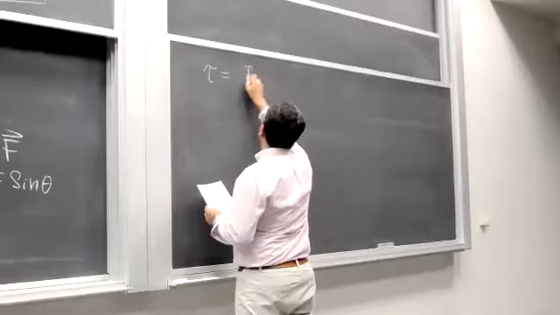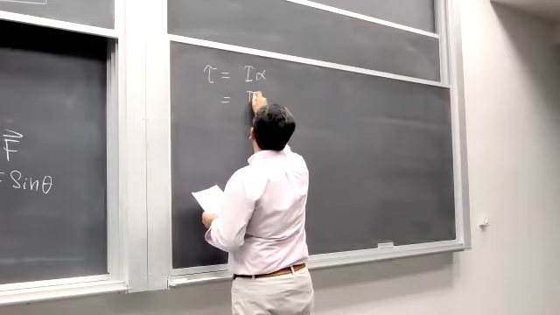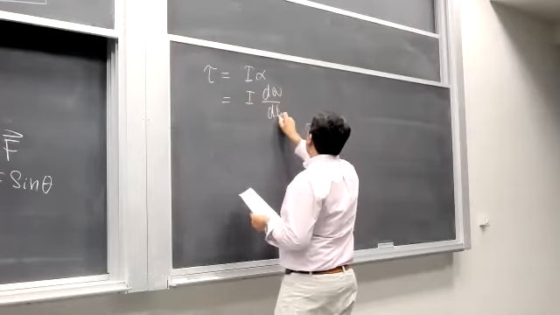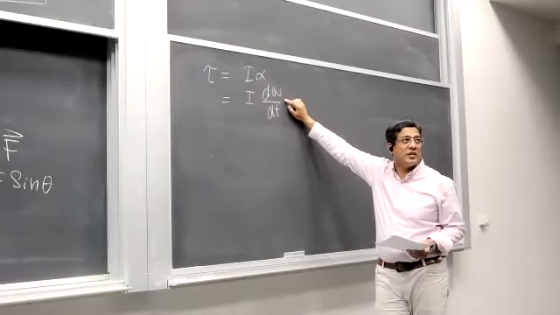So I'm going to just repeat what we just said. You know that alpha is nothing but the time rate of change of the angular velocity, right?